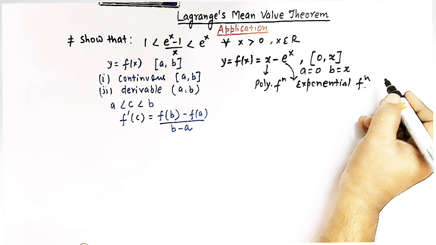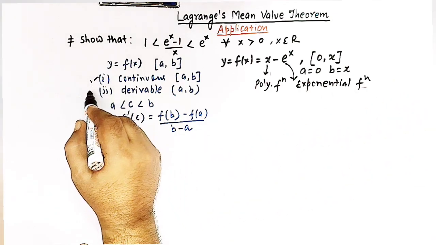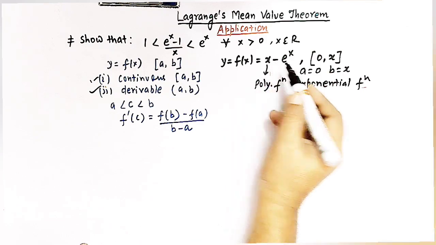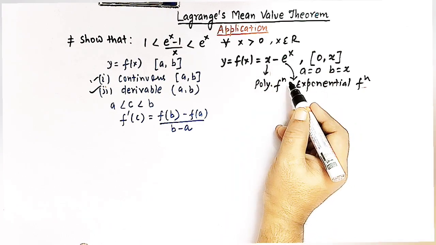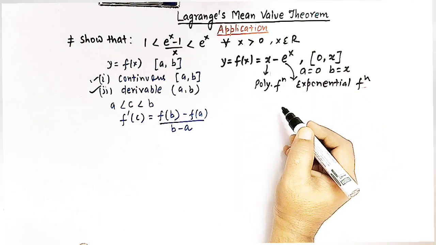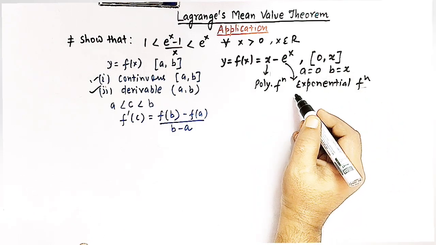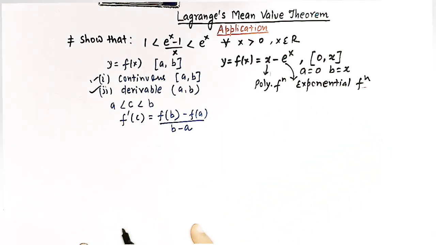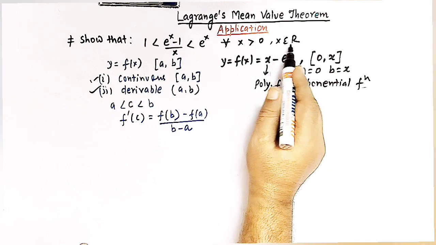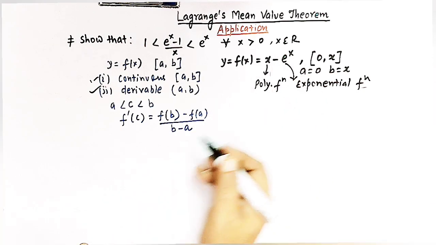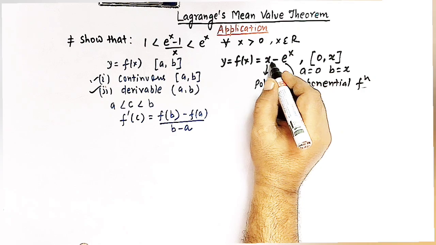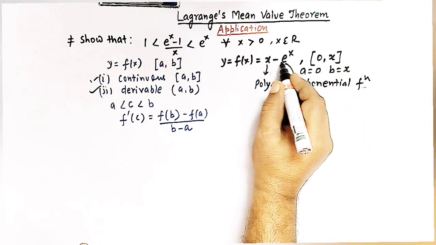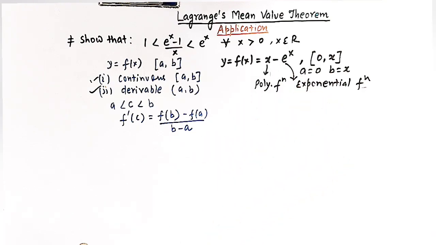Now let us first check these two conditions of Lagrange's mean value theorem. This is the difference of two continuous functions, because a polynomial function is continuous for all values of x belonging to the set of real numbers, and the exponential function is also continuous for all values of x belonging to the set of real numbers. The difference and the sum of two continuous functions is again a continuous function.